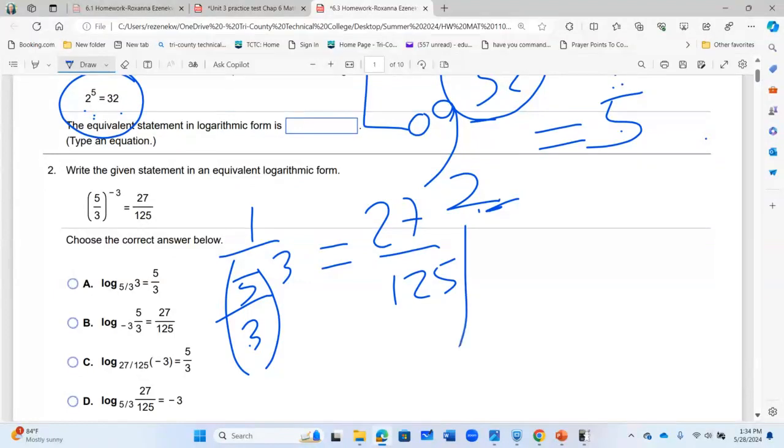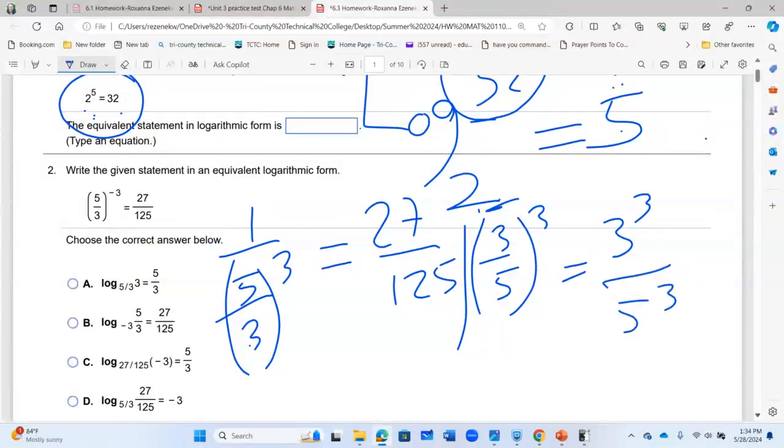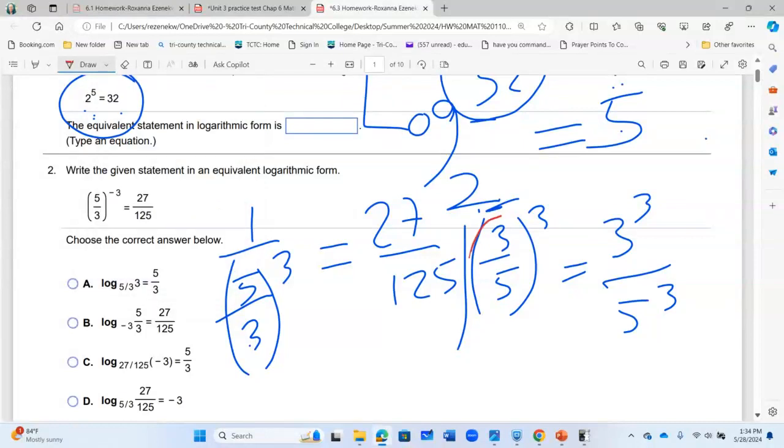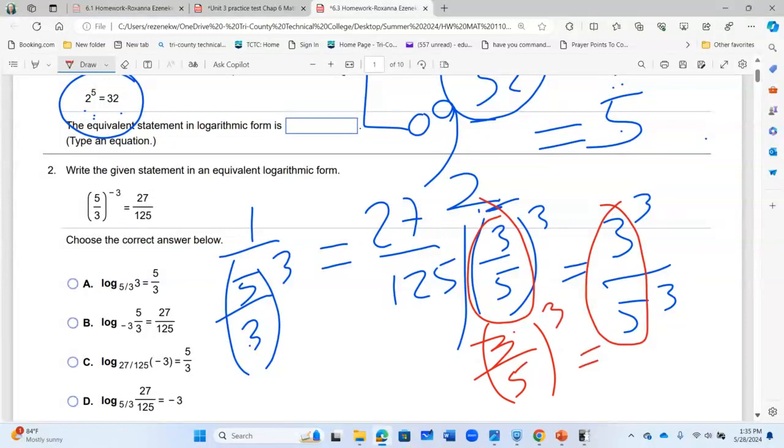So I will now write 3 over 5 to power 3 is equal to 27 over 125, where 27 is 3 to power 3 and 125 is 5 to power 3. Is there a way I can get them to have the same base? Yes, they already have the same base. Therefore, I see 3 over 5 to power 3 is equal to 3 over 5 to power 3.